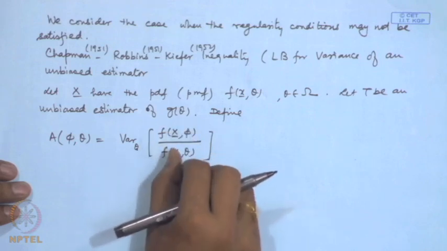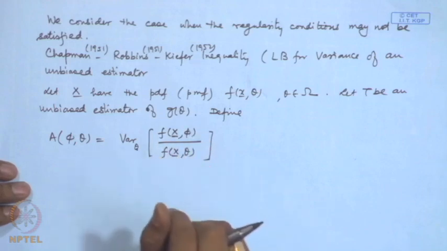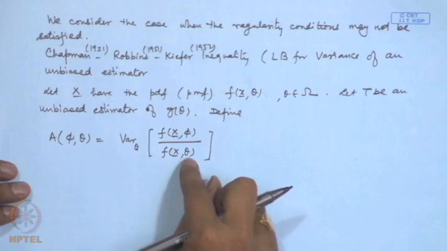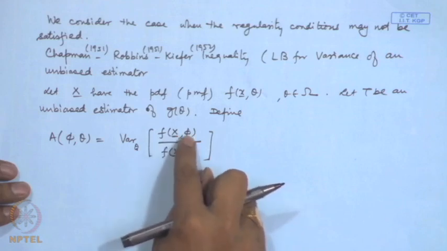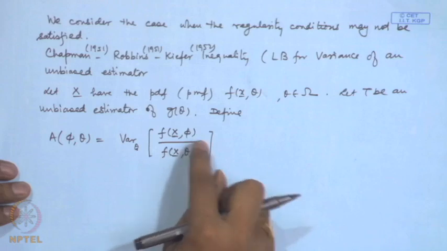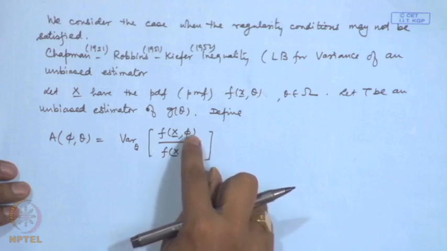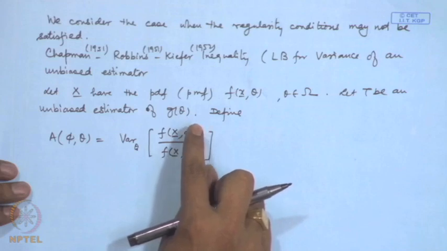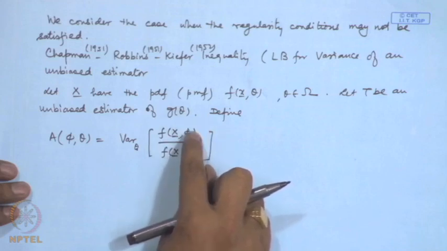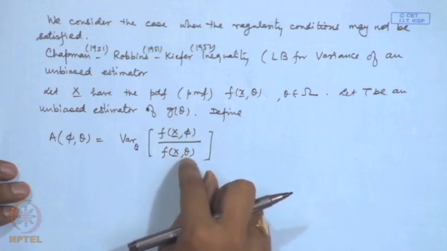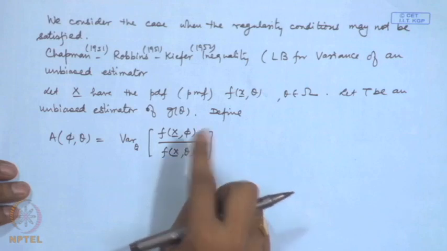Obviously, when we write this ratio, we should have certain conditions. For example, I should not have the case when f(x, theta) is 0 and f(x, phi) is non-zero, because then this will give me an infinite term. That means the set of values for which the density function f(x, phi) is positive should be a subset of the set of points for which f(x, theta) is positive.